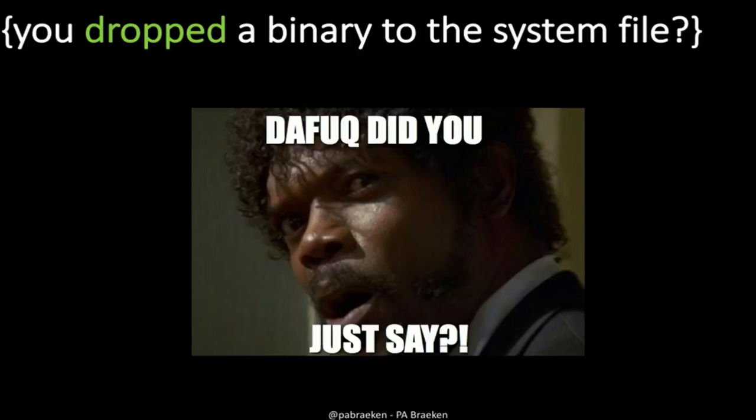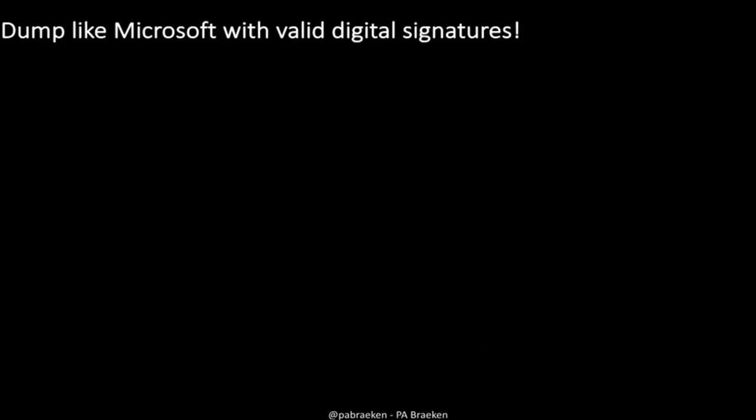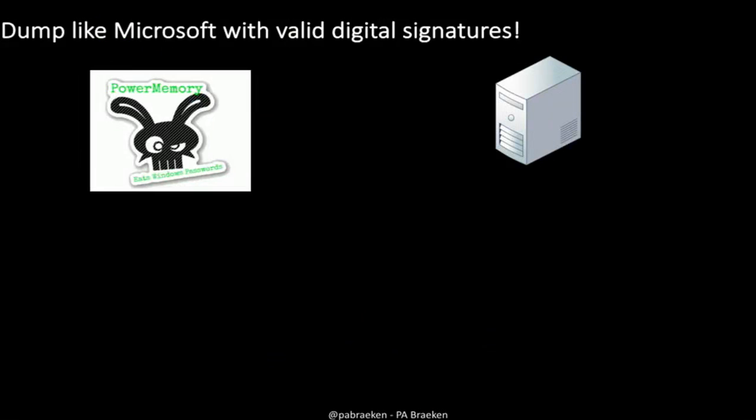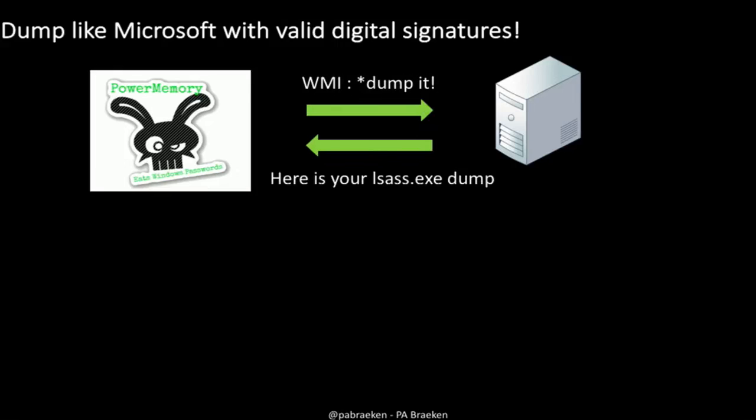But yes, I said that I dropped a binary file on the file system. And you will say, okay, you touched the disk, maybe it's not very good. That's true, but I can do it also like that. So you have the server, you have PowerMemory, you say dump it, it will dump it.